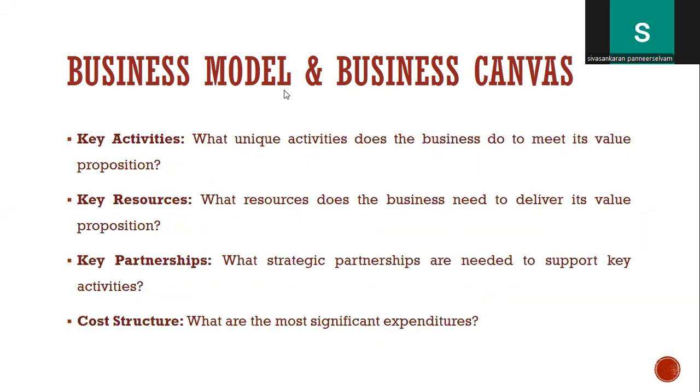And what are the various key activities and key resources needed to retain the value proposition of the product, then who the key stakeholders are, that is the partnerships, and what the cost structure will be for selling the product to the market. These are the key aspects of the business model canvas.